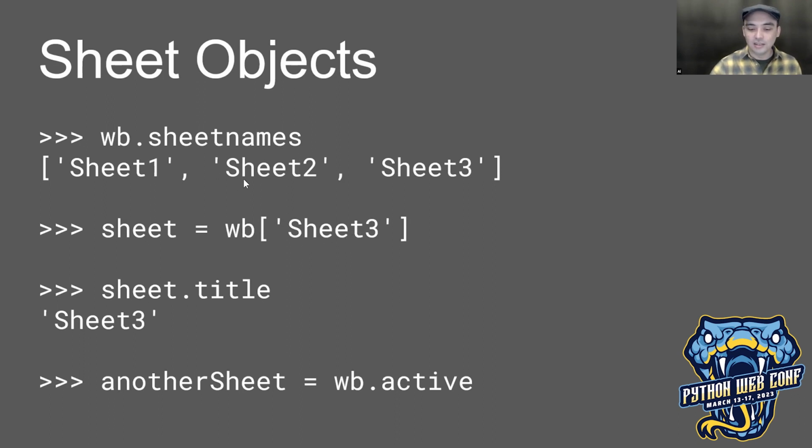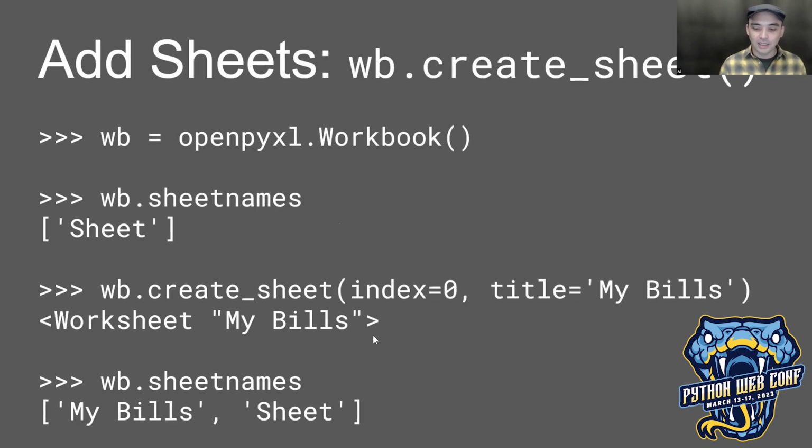You can just use the name, or the title rather, of the sheet, and that sheet object will have a title, and you can also reassign this to a new string to change it. There's also the active sheet, which is just the last one that was open and viewable in Excel when you saved the file.